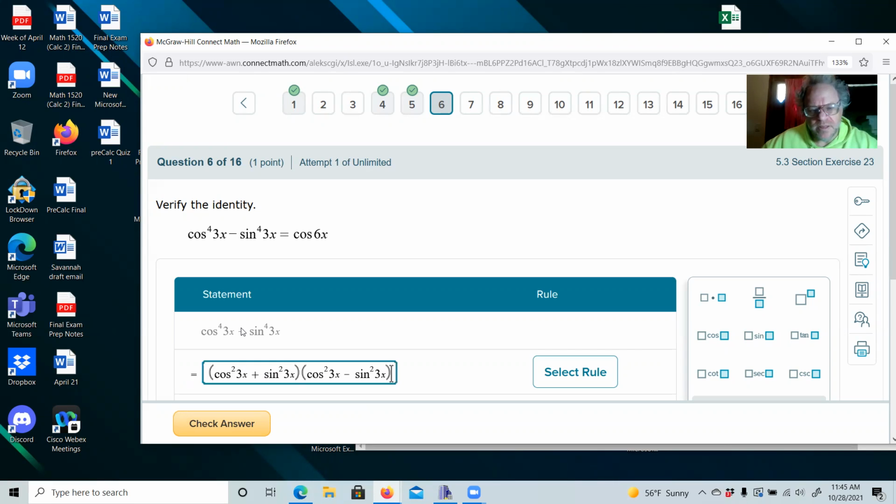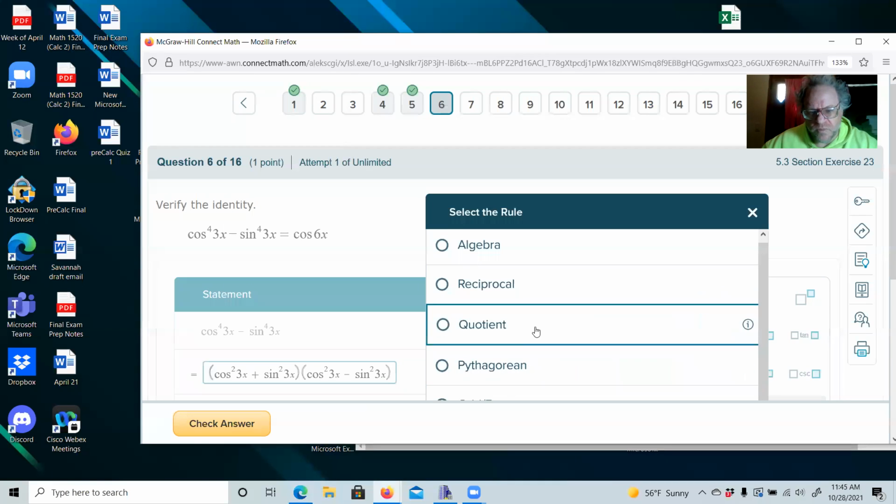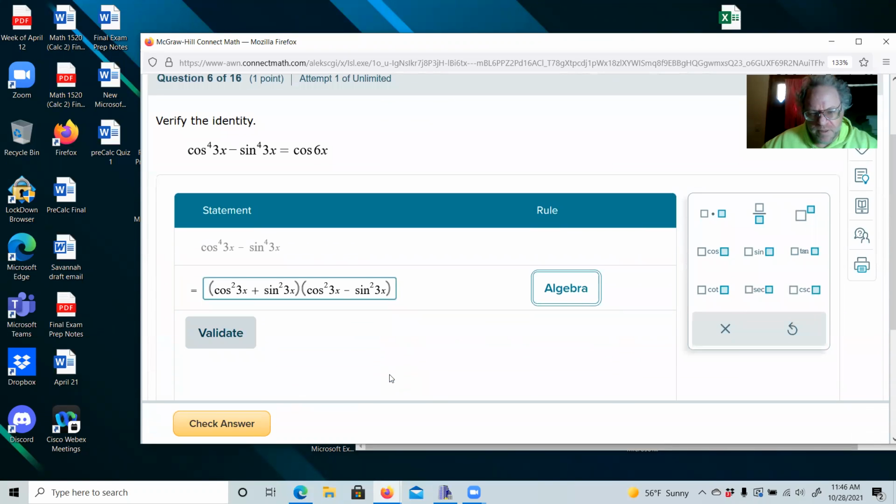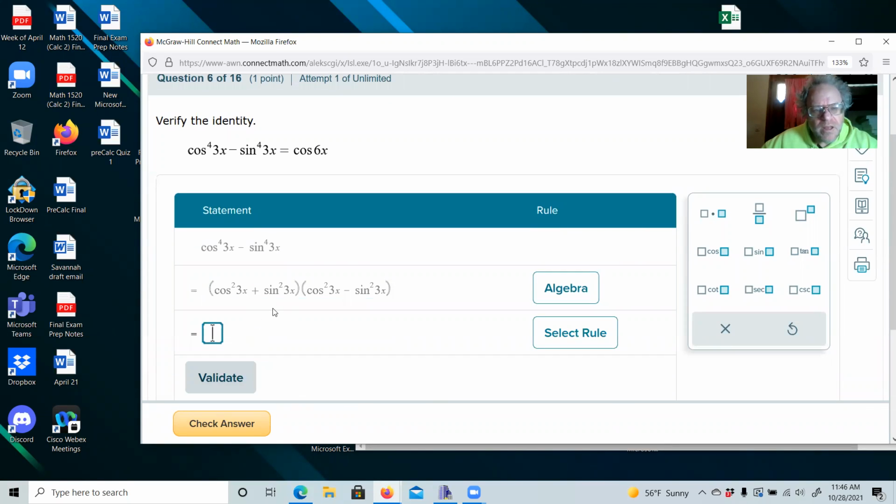Let's check. The rule we used was algebra because we got a difference of 2 squares. Okay, got it.